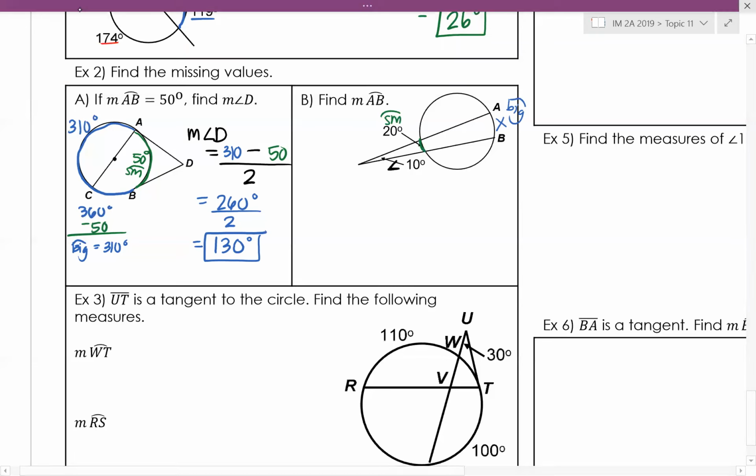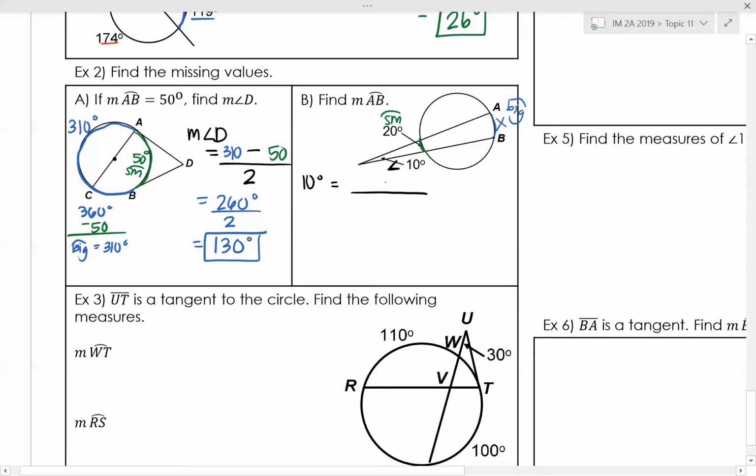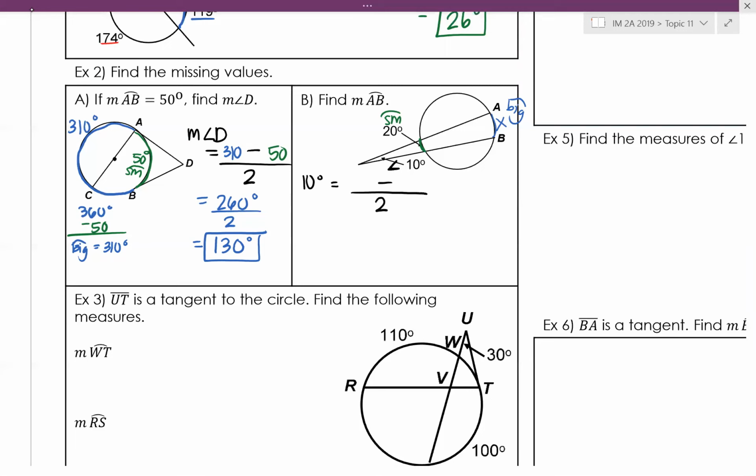So in our formula, we take the angle, which is 10, and set that equal to big minus small divided by 2. Since big is our unknown, we have X minus 20 divided by 2.